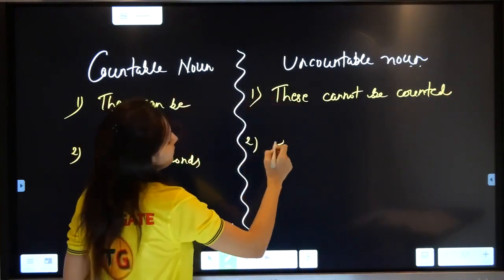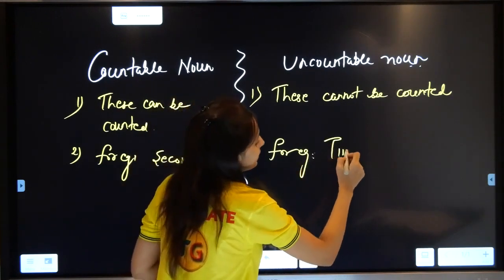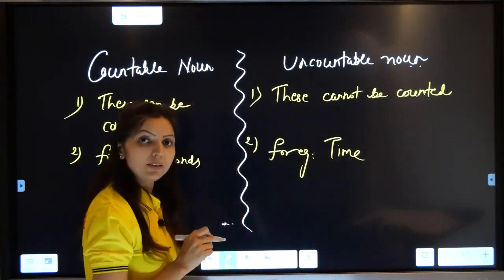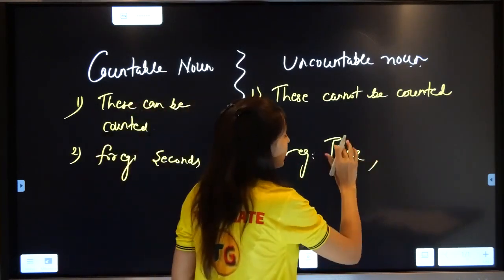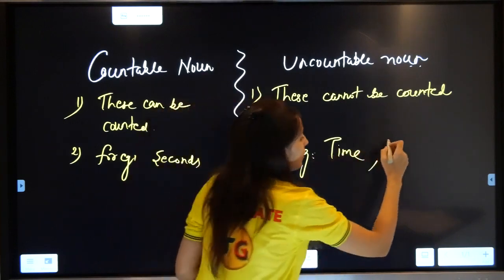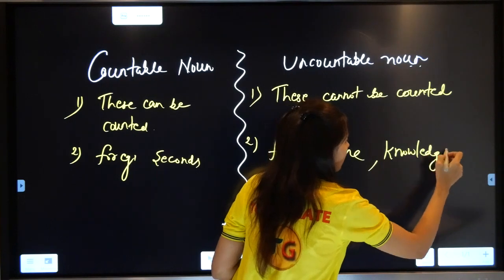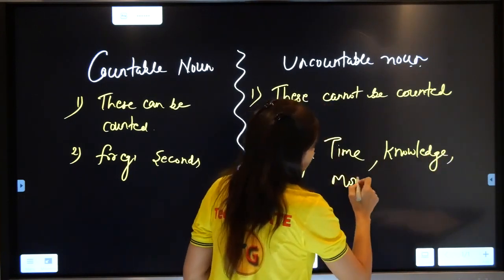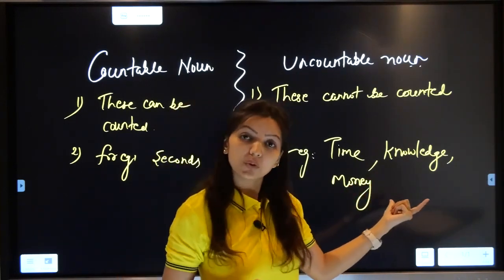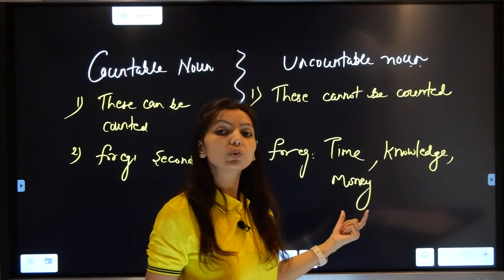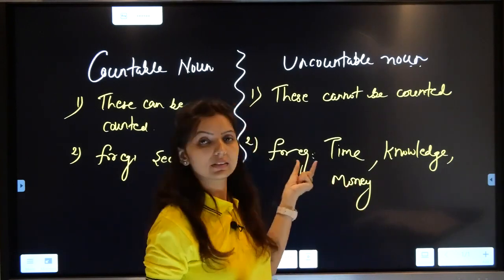For example, time. Hmm, 2 times, 3 times, 5 times, 10 times, you cannot count it. ठीक है. Next, if I write knowledge, if I write money, we cannot say 2 knowledge, 3 knowledge, 4 knowledge. Likewise, I cannot say 2 money, 3 money, 4 money, 5 money. I cannot put the number before this.